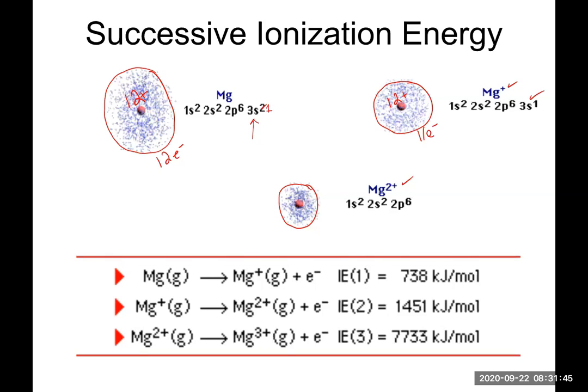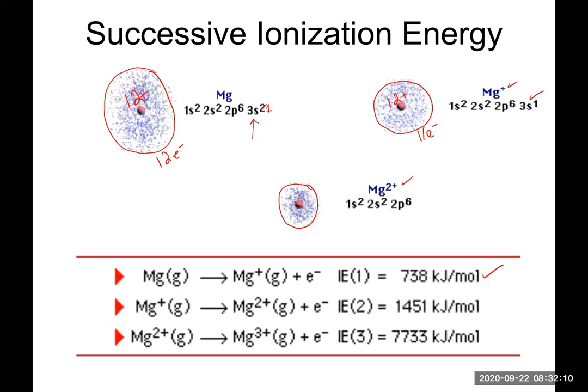Notice that to remove that first electron, the ionization energy down here in this table is 738 kilojoules per mole. And think about this. We now, in the outer shell, only have one electron with Mg+. But remember, we have a stronger pull from the nucleus.